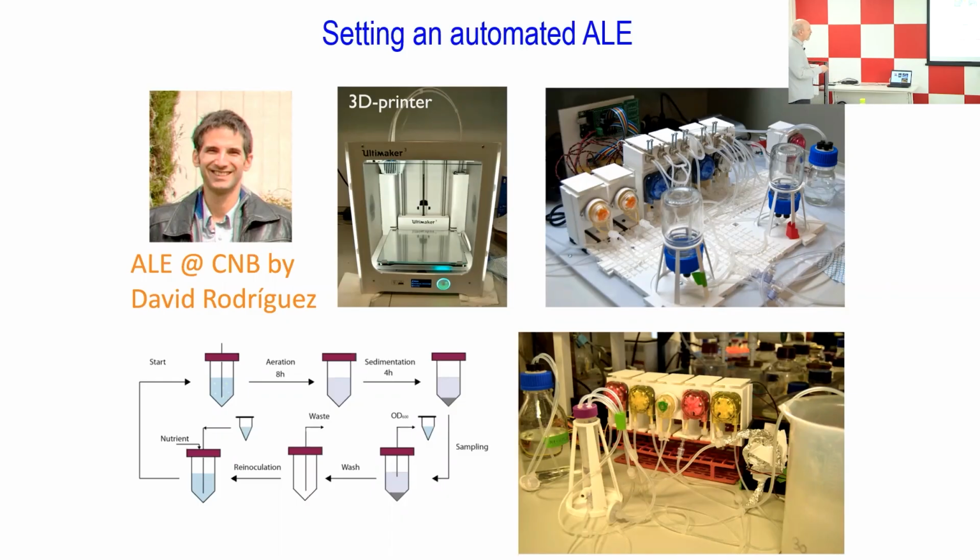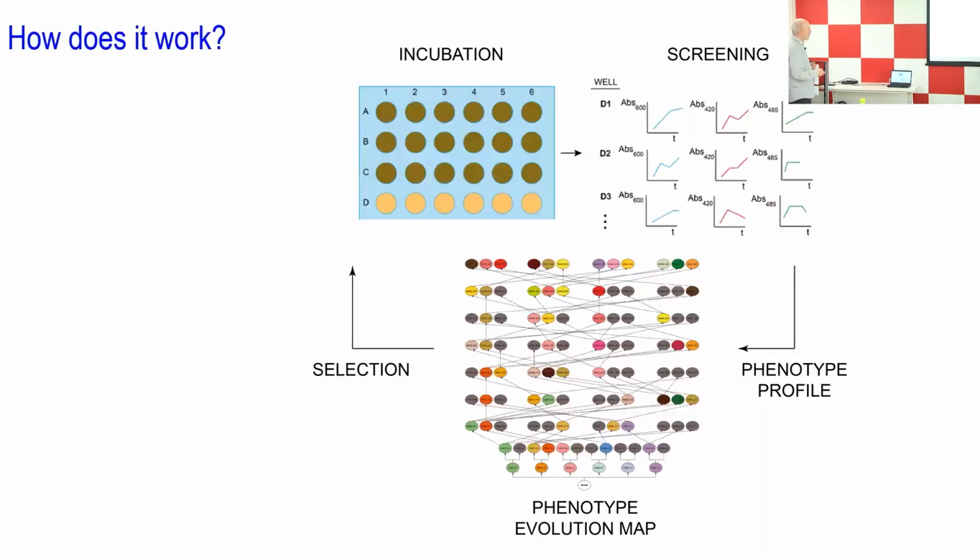Okay? And in this way, you can really control the evolution well. So you can do that in a kind of trivial way, just manually and so on. But also, as I said, you can have different sensors, and the sensors will give you the levels of different metabolites, and then you can select conditions that will favor the accumulation of some metabolites or not, and then check for growth.